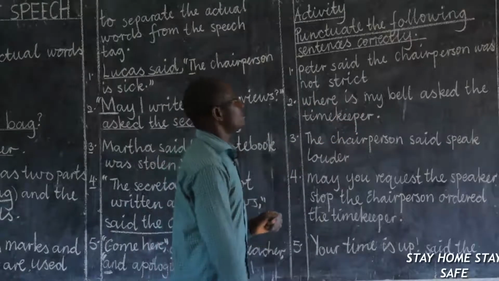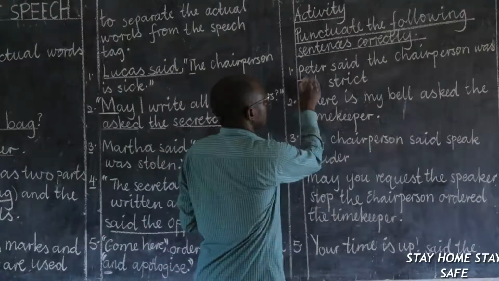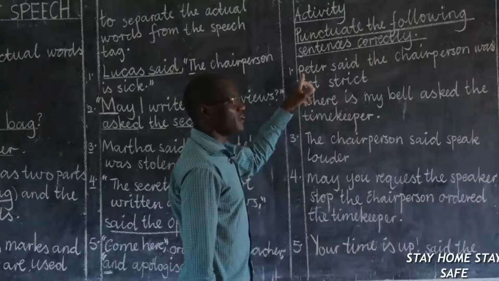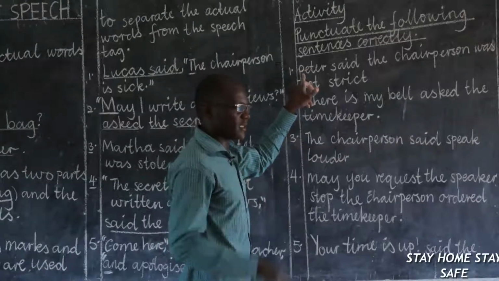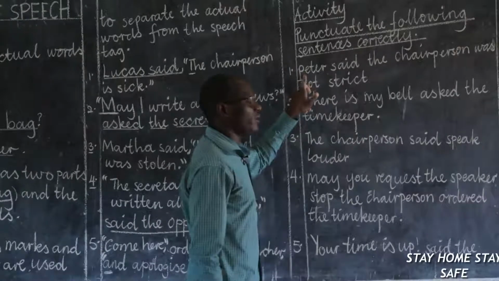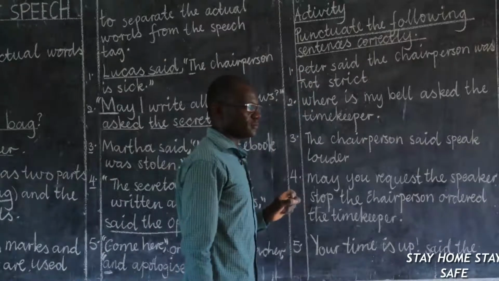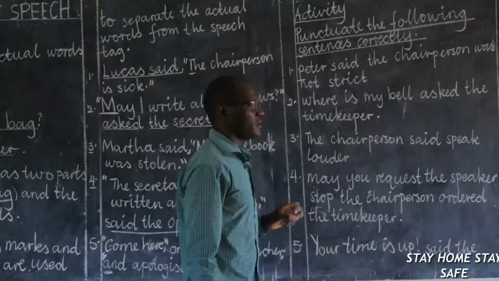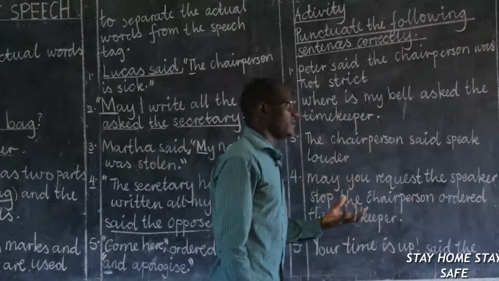We need to look at Peter, number one. Peter is the name of a person. It shouldn't be written beginning with a small letter. So we need to change this P to capital. Peter said. Separate what Peter said.